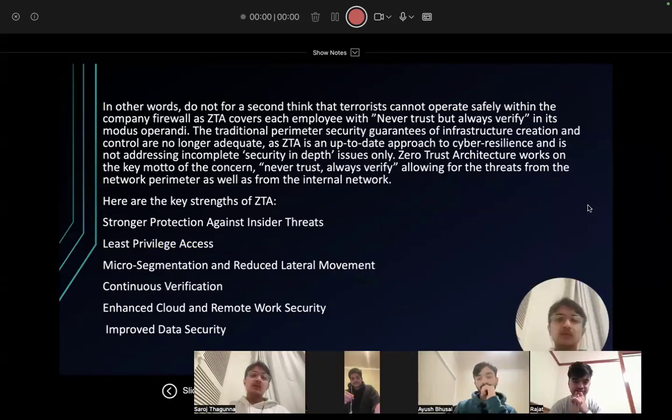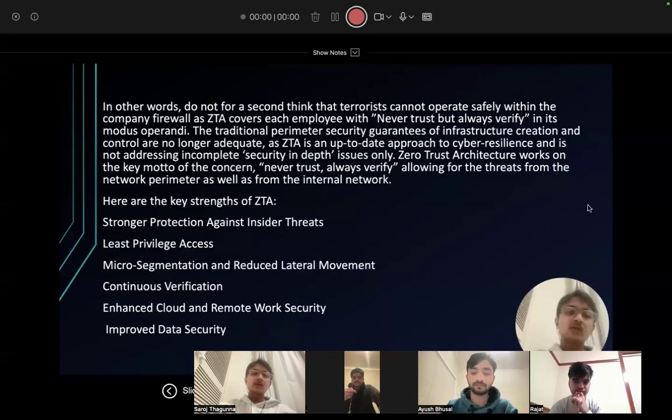In other words, ZTA covers the idea that threats cannot be assumed to stay outside the company firewall, and zero trust architecture covers each employee on the basis of never trust but always verify, which means that before logging into the system, it always verifies whether the person is authorized to have access.